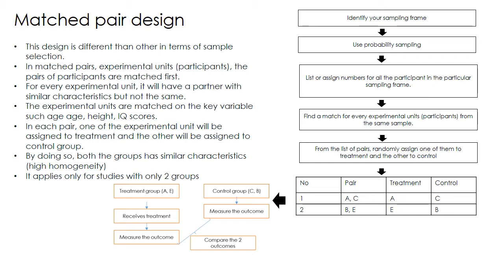It's like finding a twin, a pair of twins for this experiment, so that one member of the twin will be in control, the other member can be in treatment, because both of them have similar characteristics, similar factors.